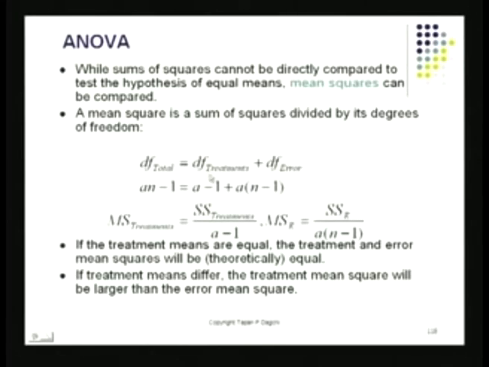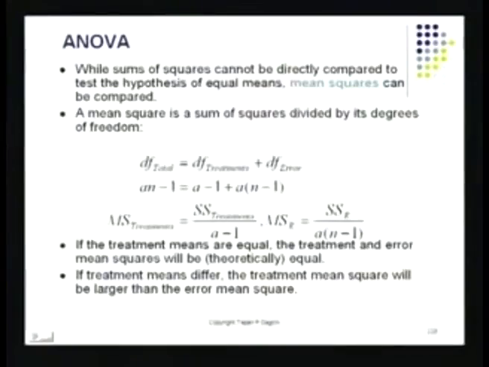Then of course I've got the treatment sum of squares, and I've got its corresponding degree of freedom. That turns out to be a minus 1, because the sum of all the treatments is basically 0. One of those turns out to be in fact dependent on the rest of them. And in fact, that's what forces you to lose 1 degree of freedom.